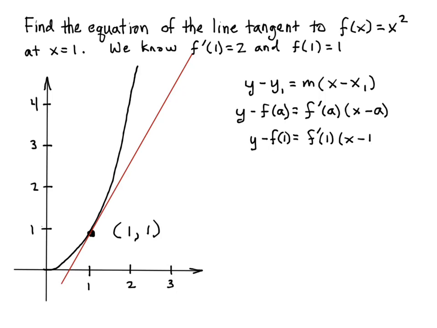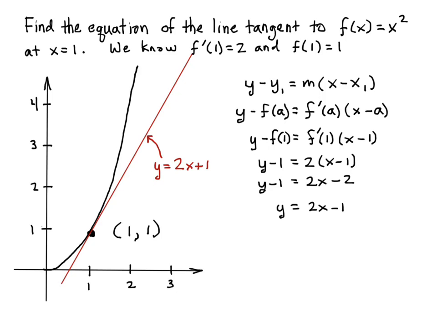If I plug in the values that I have, I'll get y minus 1 equals 2 times x minus 1. And so my equation then becomes y equals 2x minus 1. And so that's the equation of the line that's tangent to x squared at x equals 1.